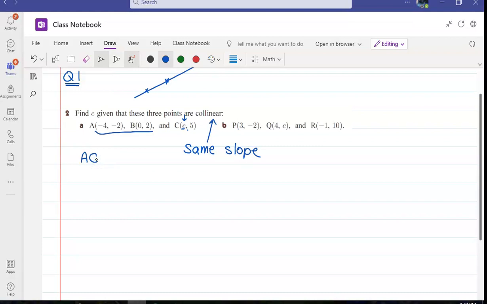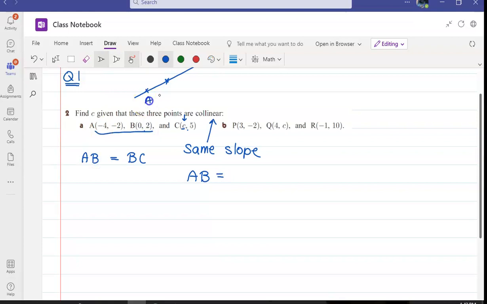And then that would have to equal the slope of BC. Or someone might say, I'm going to use the slope of AB.